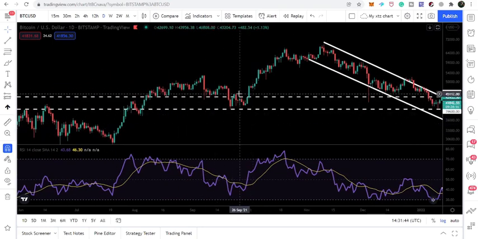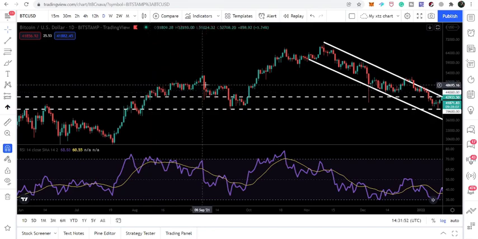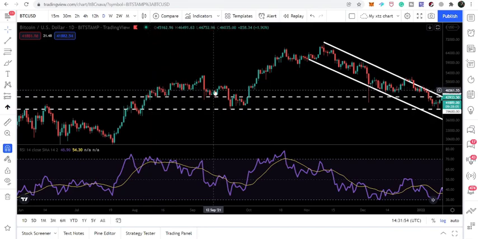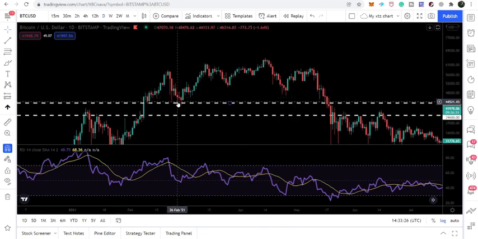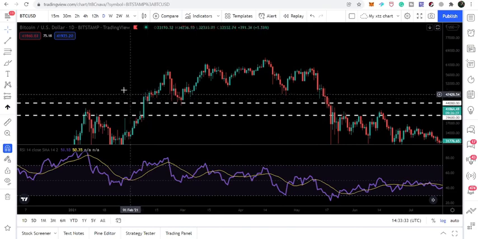And here in September 2021 it worked as a resistance. Before that it was broken as a very strong support from August 2021 to September 2021, and before that it worked as a support here in Feb 2021, and before that it was broken as a support here at the start of Feb as well.